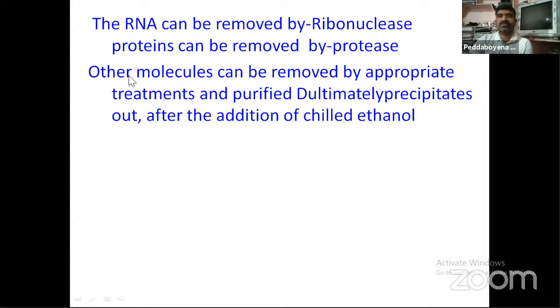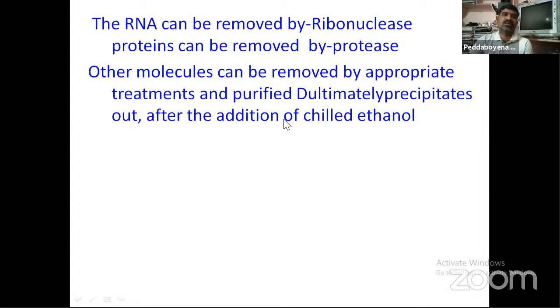Next, here you are observing that other molecules can be removed by appropriate treatments and purified, and the DNA comes out as a precipitate after the addition of chilled ethanol. After digestion of the cell wall, other molecules are removed by appropriate treatments and purified, and ultimately the DNA precipitates out after the addition of chilled ethanol.